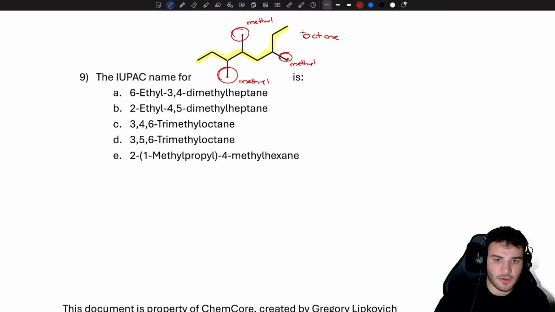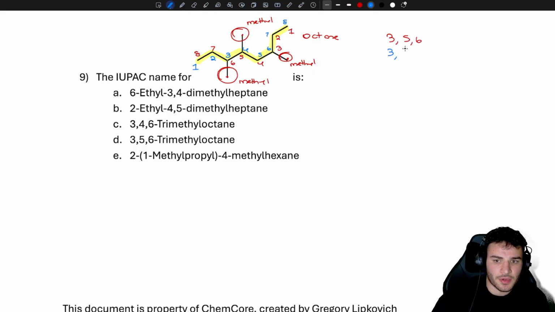Nice. And so if we number from this way, we'll end up with 1, 2, 3, 4, 5, 6, 7, 8. And our substituents would have the numbers 3, 5, and 6. Okay. And if we number from the other direction, 1, 2, 3, 4, 5, 6, 7, 8.